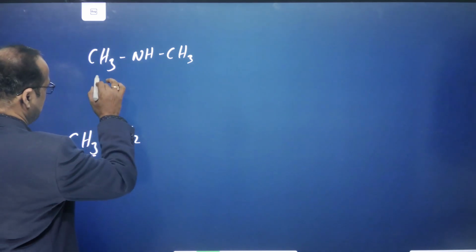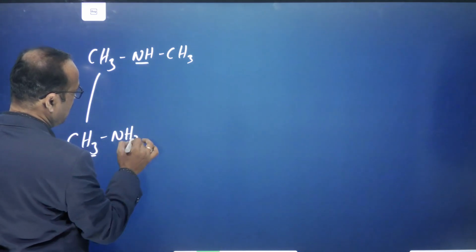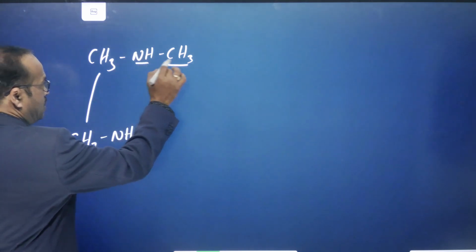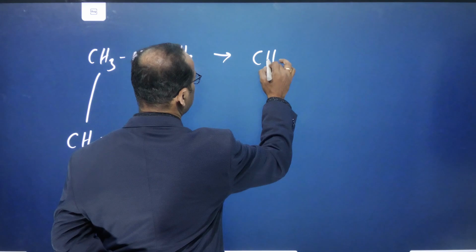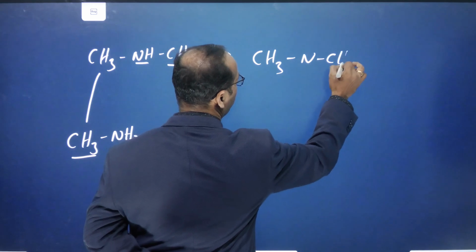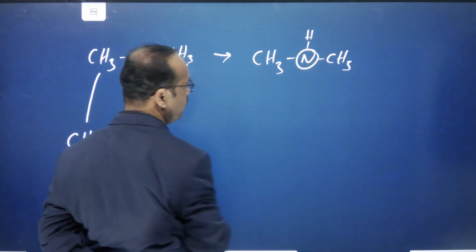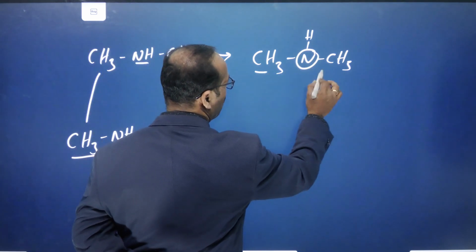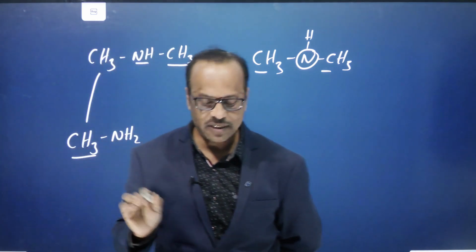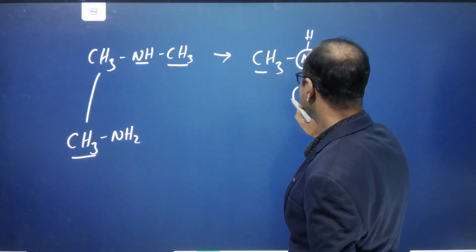The structure is CH3, nitrogen, CH3, and one hydrogen. This nitrogen is attached to two other carbons. Such compounds are called secondary amines.